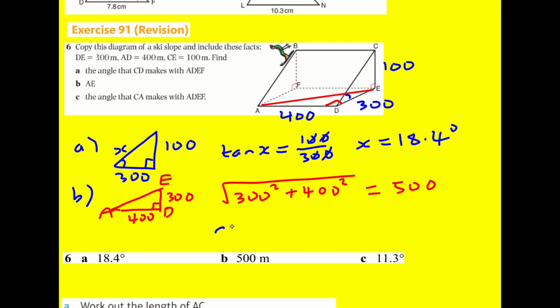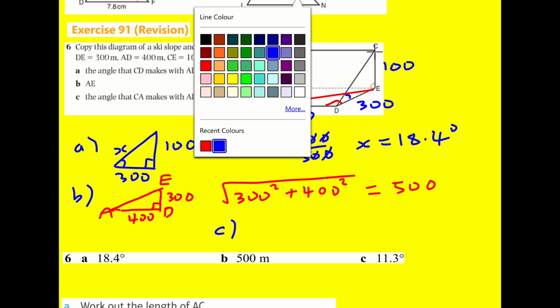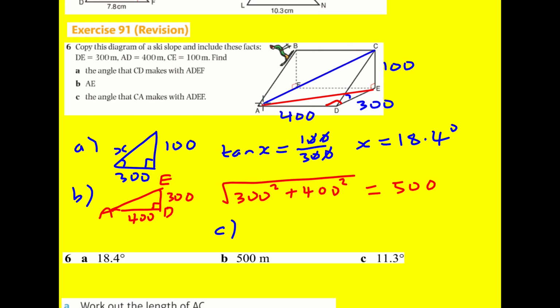Lastly, the real 3D part is to work out the angle that CA makes with ADEF. And CA is, okay, so I'm going to need to draw another line. But the previous work that I've done is going to help. Because now, where's my triangle?